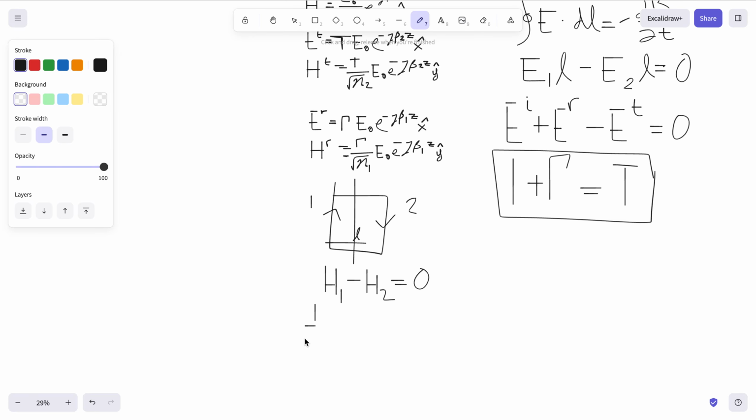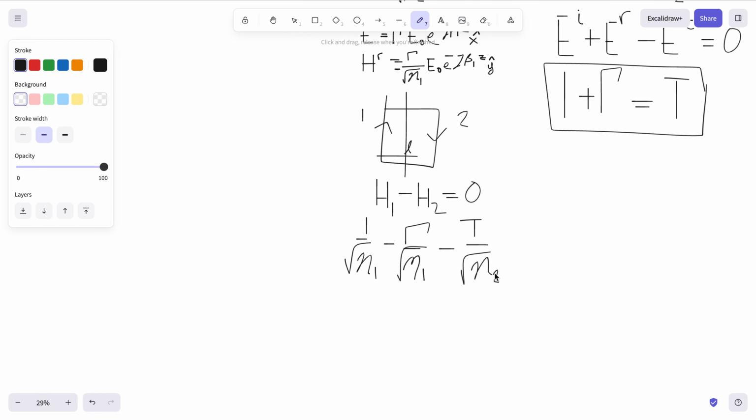So we can rewrite that as 1 over the square root of mu 1 minus gamma over the square root of mu 1 minus H sub t, which is the transmission coefficient, divided by the square root of mu 2.